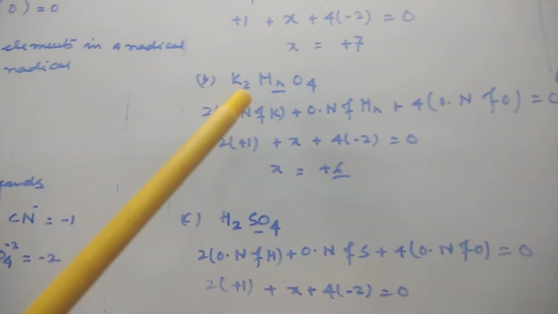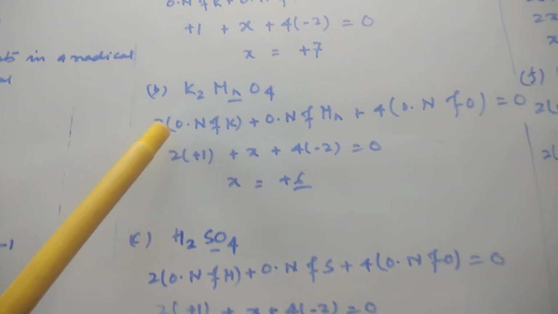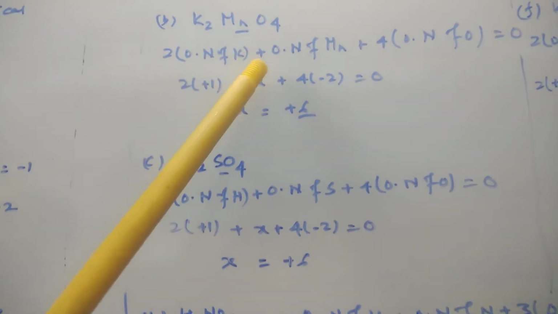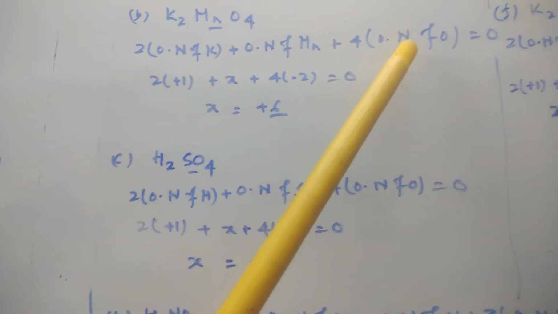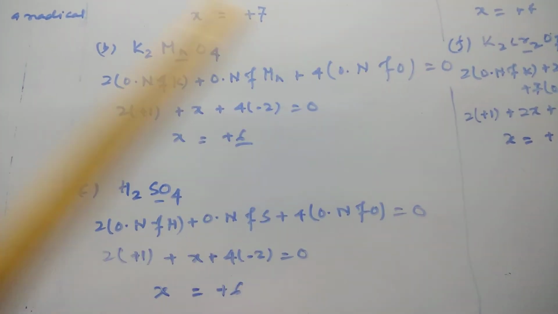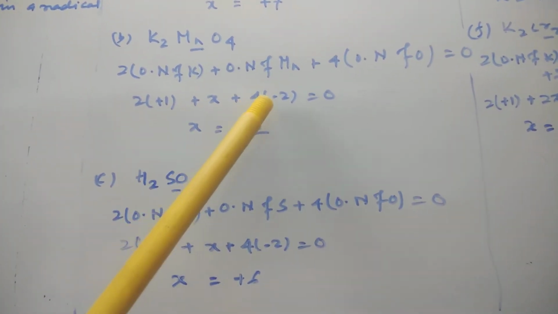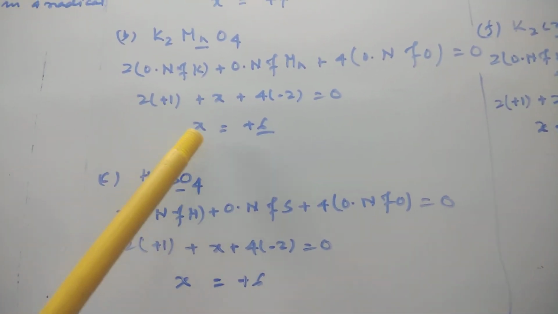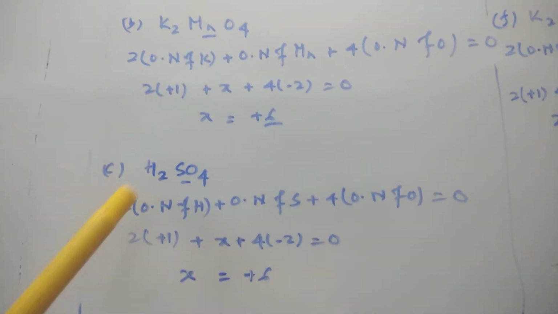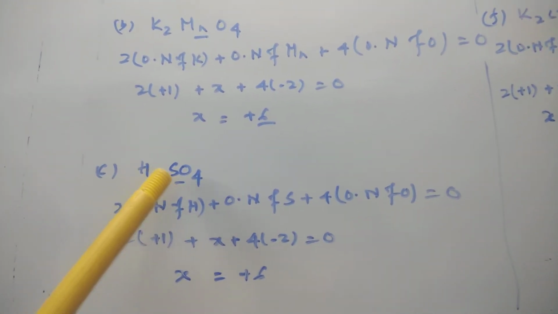In the next example, in K2MnO4, 2 into oxidation number of potassium plus oxidation number of manganese plus 4 into oxidation number of oxygen equals 0. So 2 into +1 plus x plus 4 into -2 equals 0. On solving we get x equal to +6. In H2SO4 we have to find the oxidation number of sulfur.